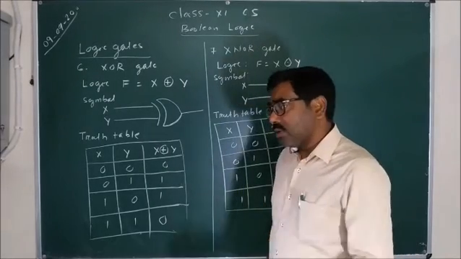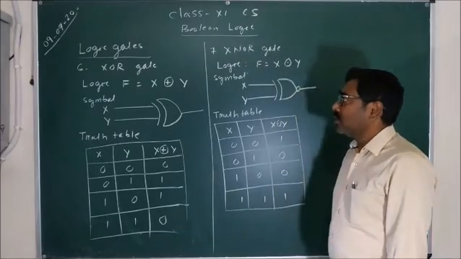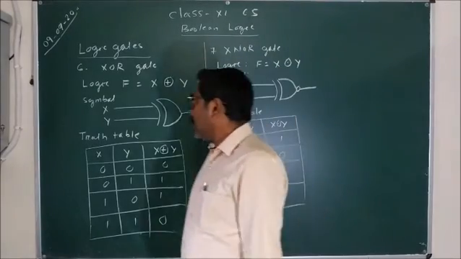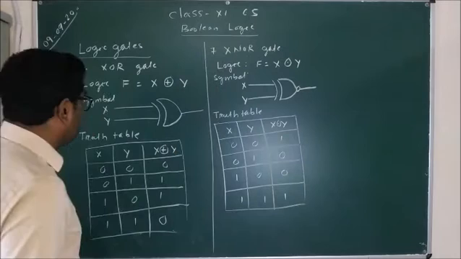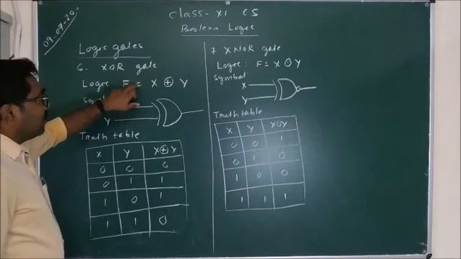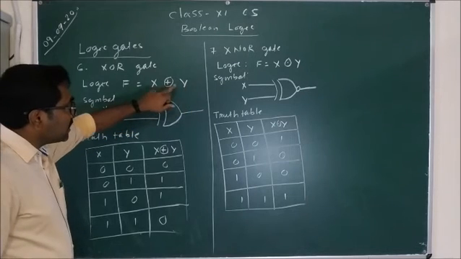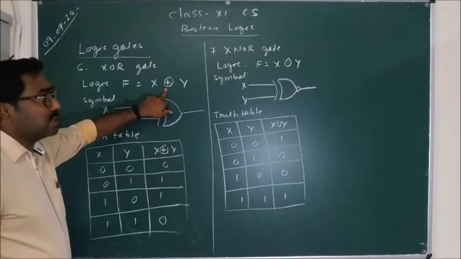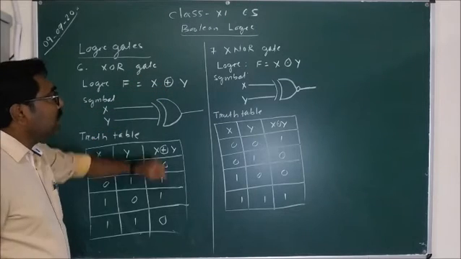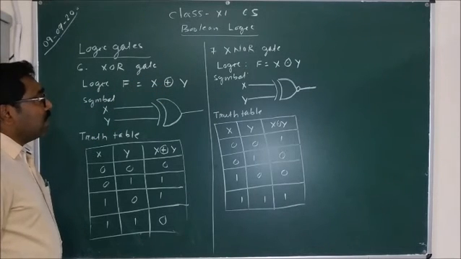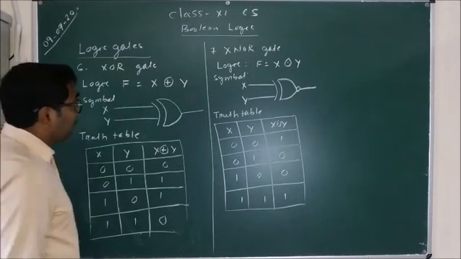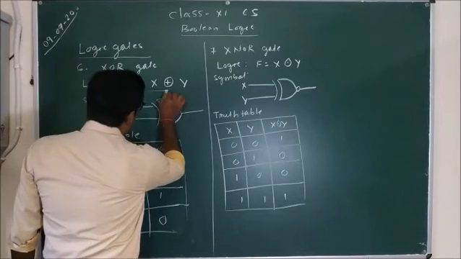As I told you, there are 3 things about a logic gate. The first thing is the logic, that is F is equal to X XOR Y. This is the symbol of XOR, a plus within a circle. But in fact, it will calculate some other thing.